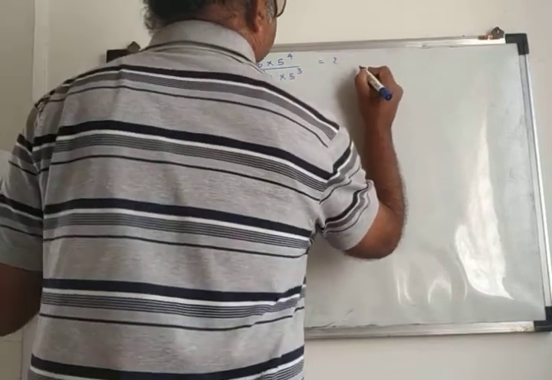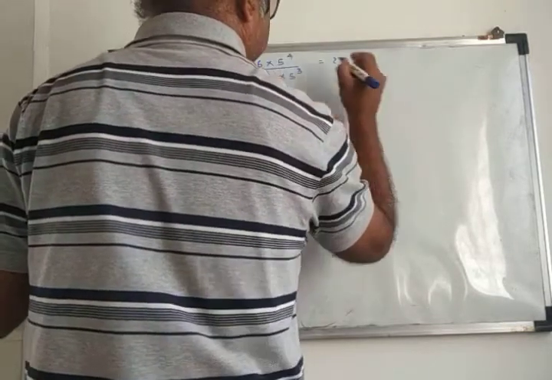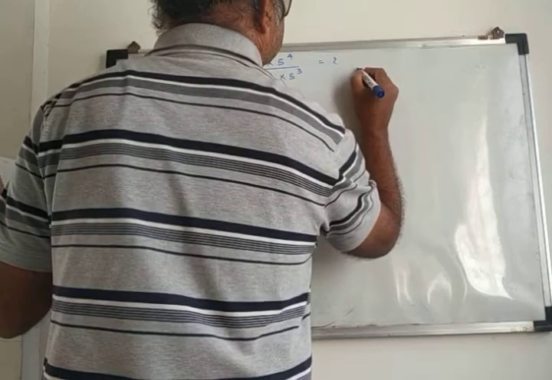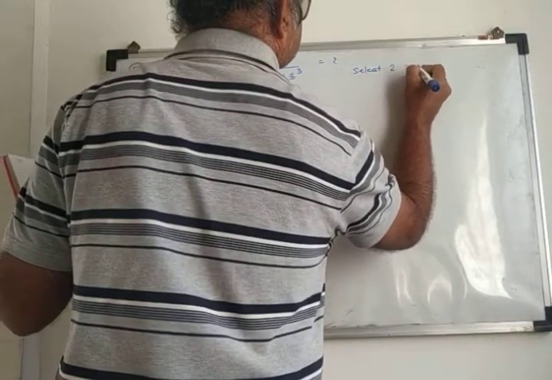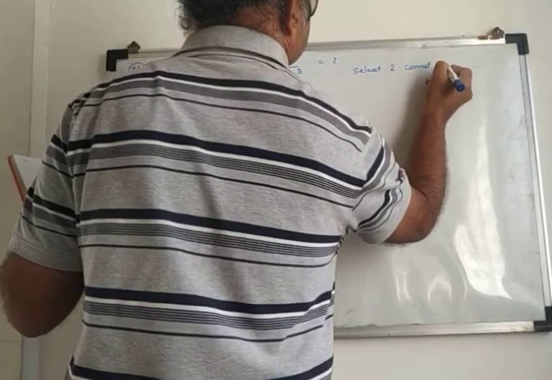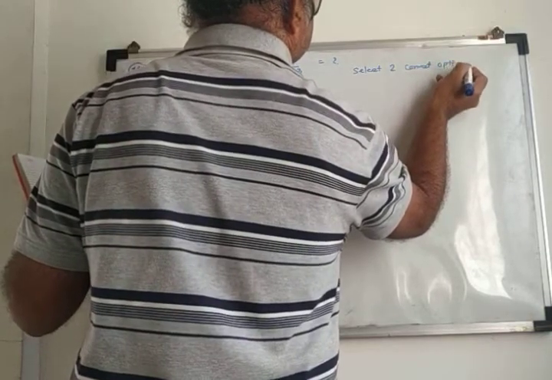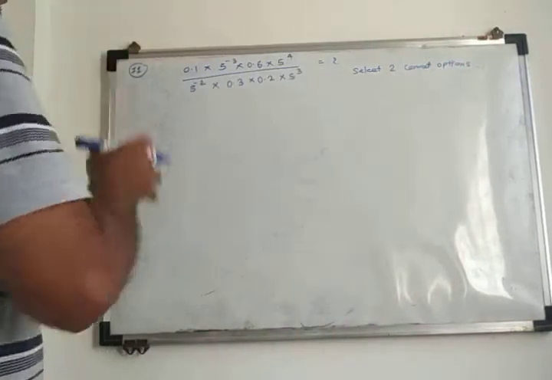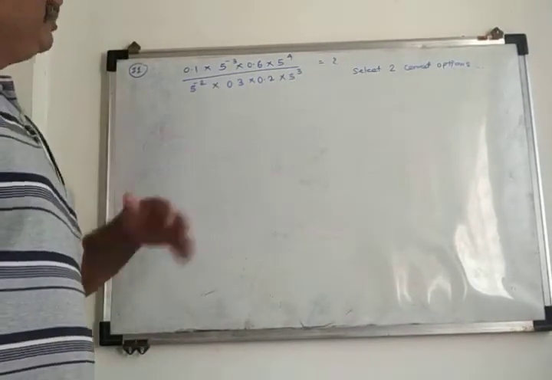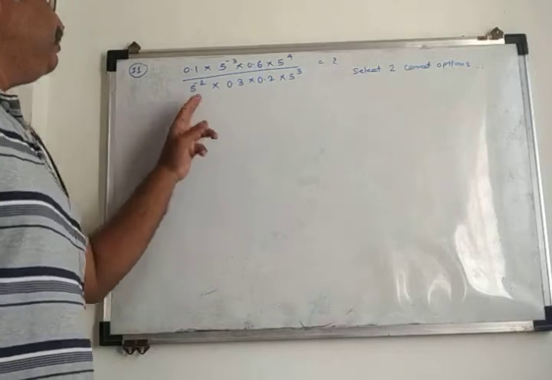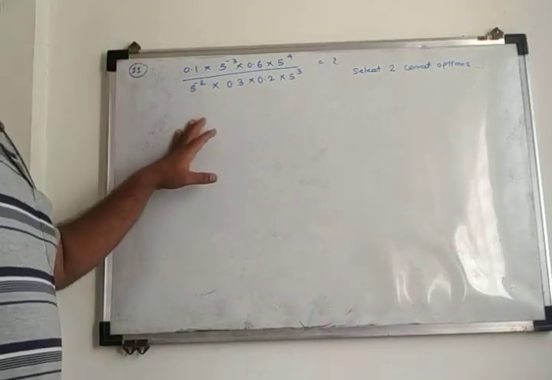They have asked to tick or select 2 correct options. I have checked it twice or thrice. You see that in this type of questions, definitely two or a minimum of two questions will be asked.